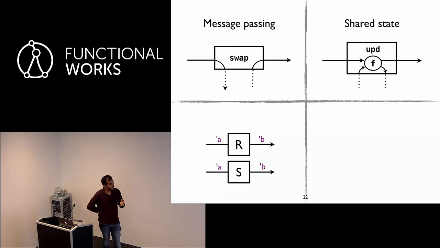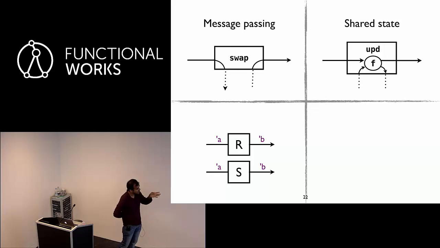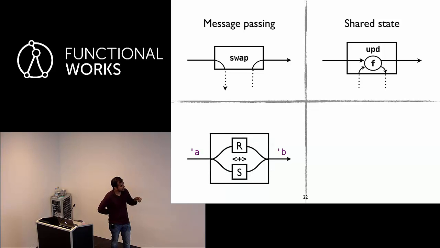But the real power of reagents is combining two reagents together. Suppose I have two reagents R and S, each of which goes from alpha to beta. Then I can combine them using the choice combinator to produce a new reagent whose semantics is that it will first try the reagent R. If that reagent blocks, then it tries to run the reagent S. And if both of them block, then the whole reagent blocks.